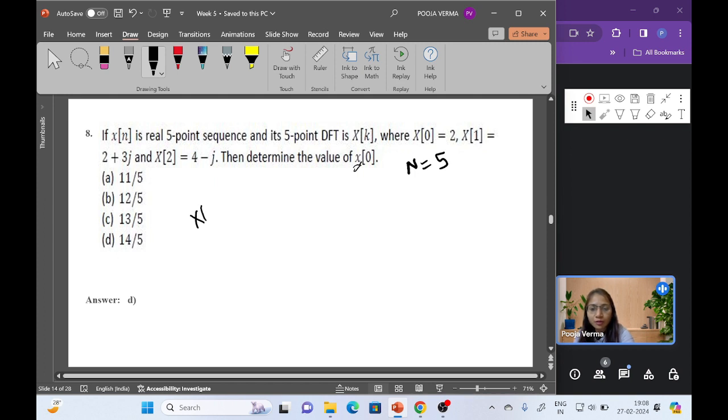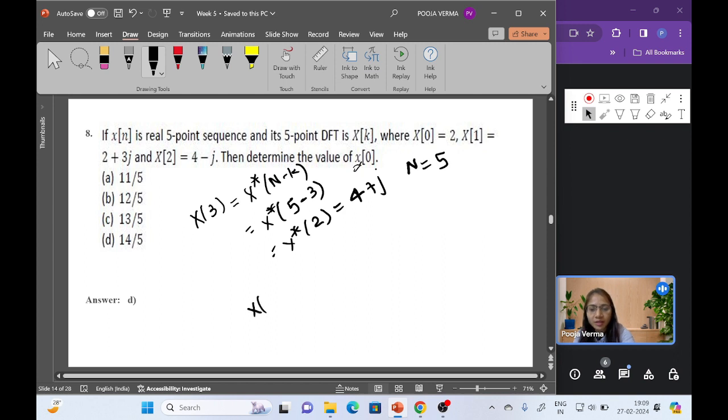So first we need to find X of 3. How will we find it? By the conjugate property, X of N minus k. So this is a 5-point DFT, so N is equal to 5. Here, X conjugate of 2: X of 2 is equal to 4 minus j, so X conjugate of 2 will be 4 plus j.